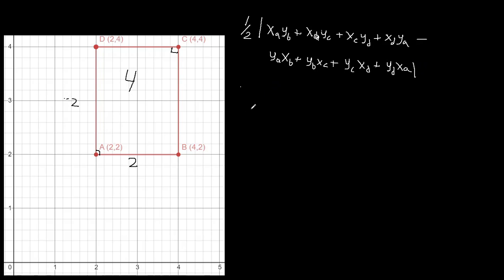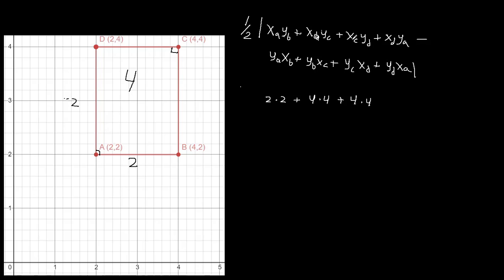So let's really quickly go ahead and do this equation. All right, so this first part is going to be xa is 2, yb is also 2, plus xb is 4, times yc is also 4, plus xc is going to be 4 times y of d is going to be 4.